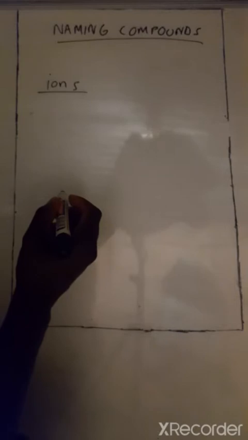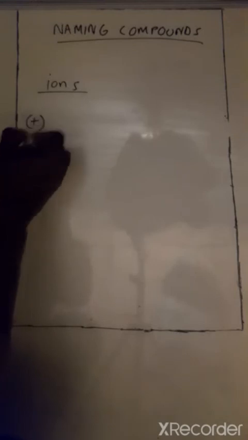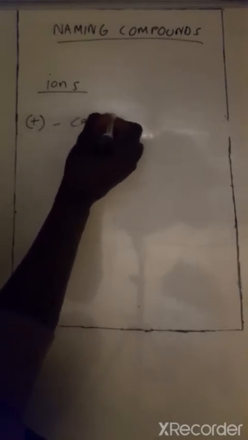All right, so now let's start by saying what ions are. We have the positive ions, which we call cations.